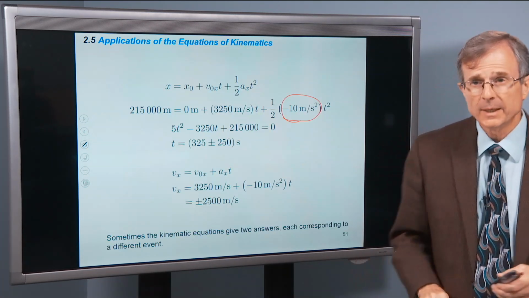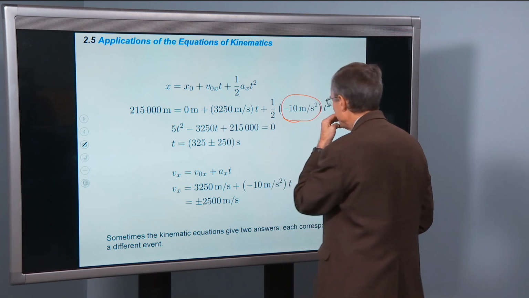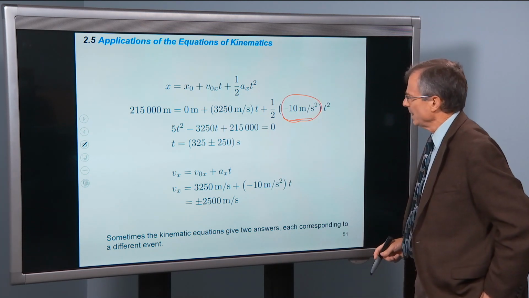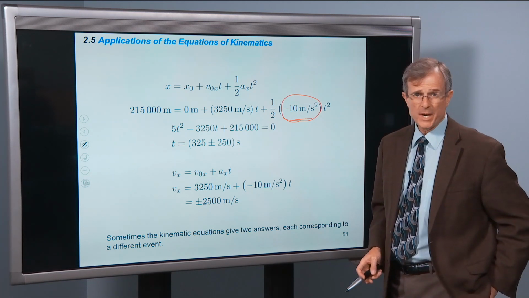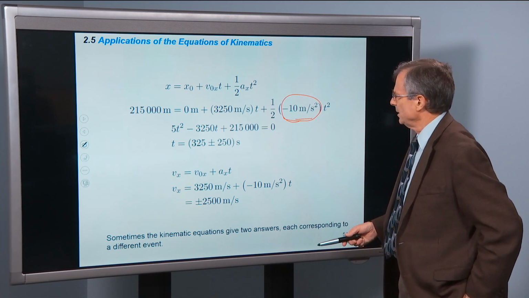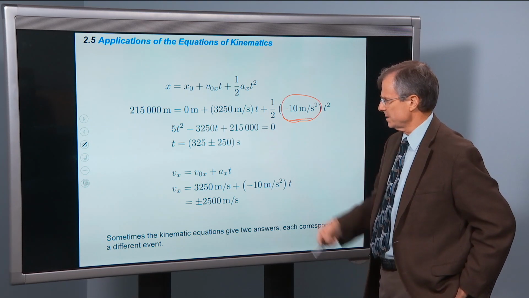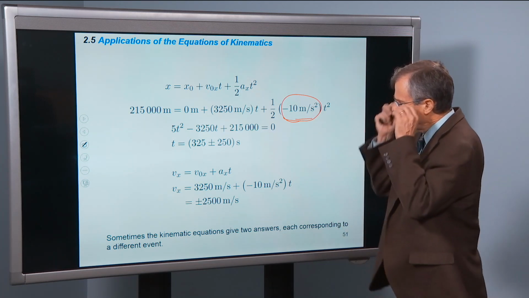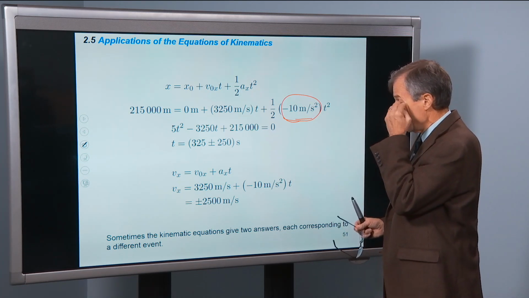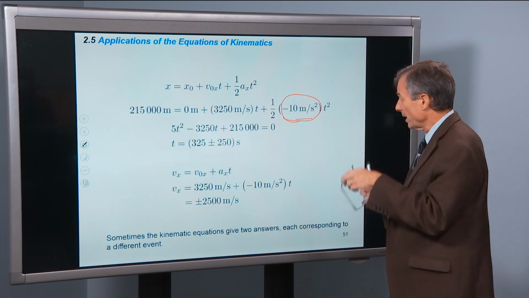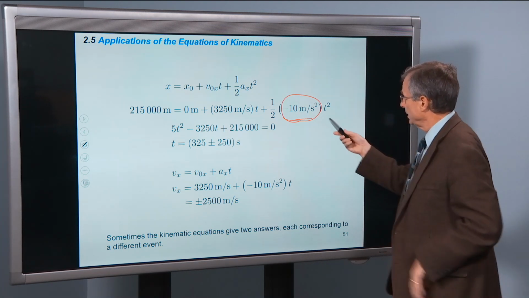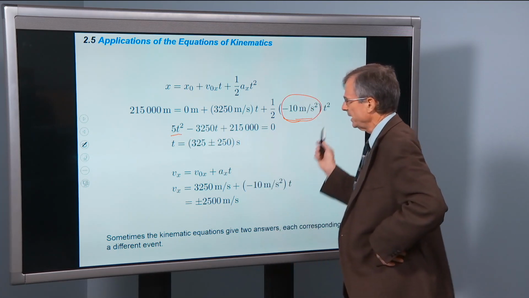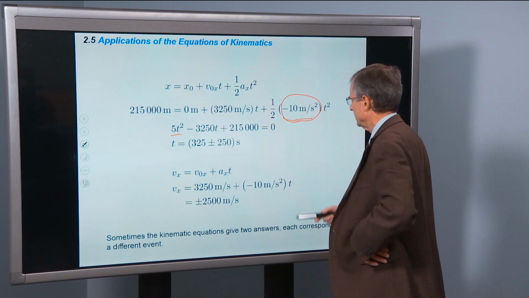So plugging in minus 10 meters per second squared for this acceleration, then we have a quadratic equation. If we drop the units just for these two steps, and try to solve for the time, t, we've got a quadratic equation to solve. 10 divided by 2 is 5, so that's this term here, and I've taken it over to the left-hand side of the equation.